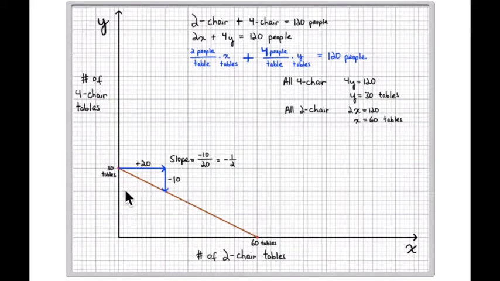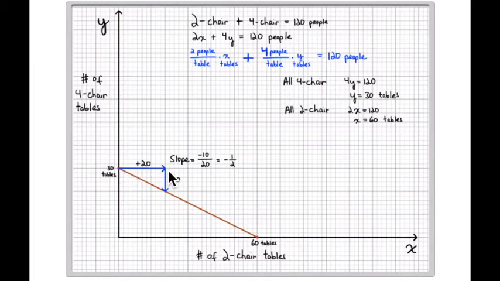So every time I add the ability to seat 40 people, that's 20 tables. So every time I add 2 units, in this case, for 20 tables, I can seat 40 people. Then I have to subtract the number of tables that can seat 40 people that are equal to 4-chair tables.